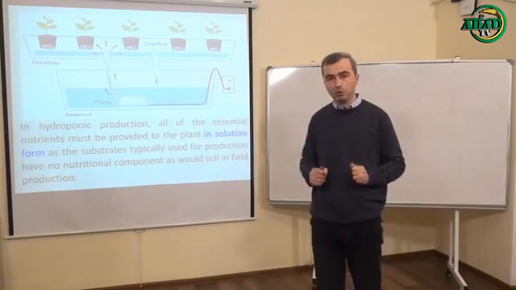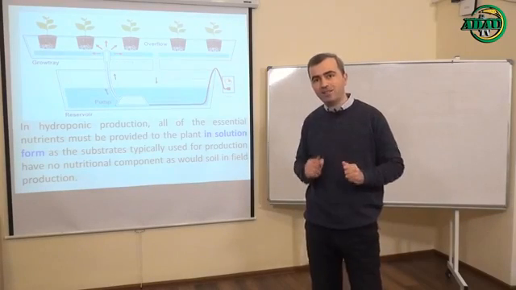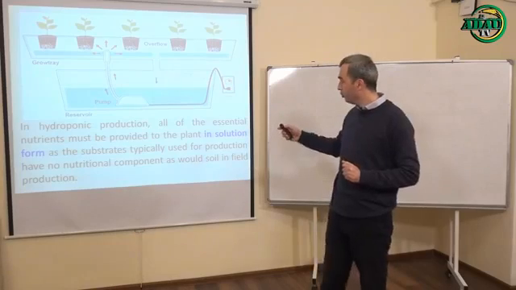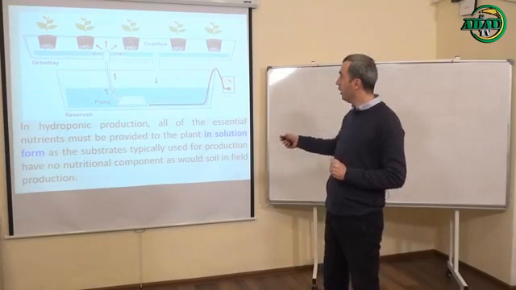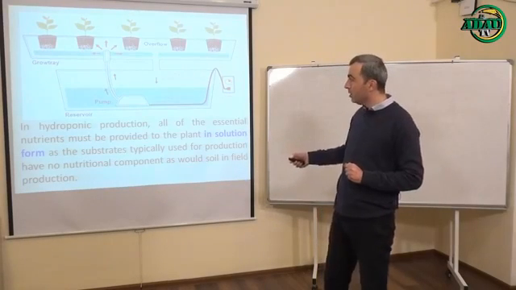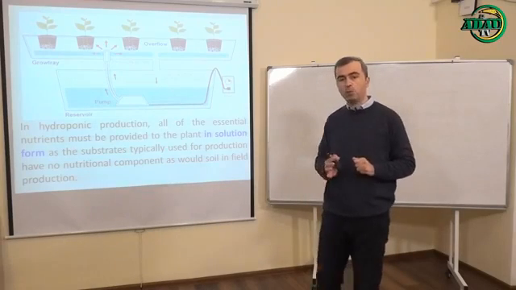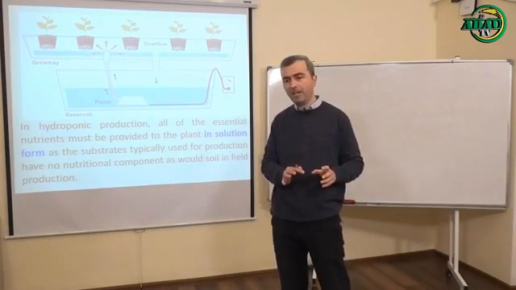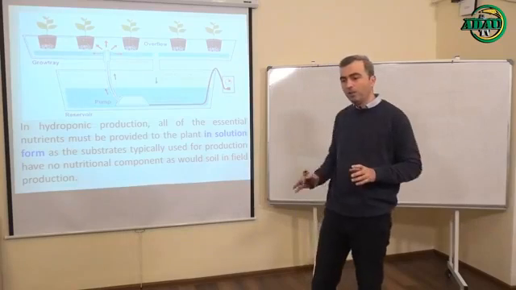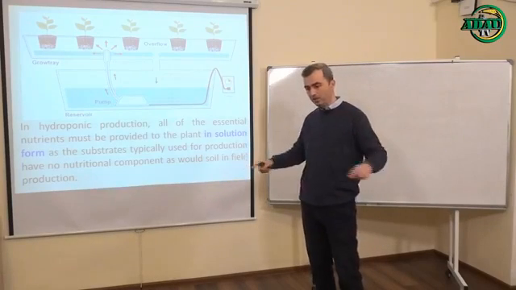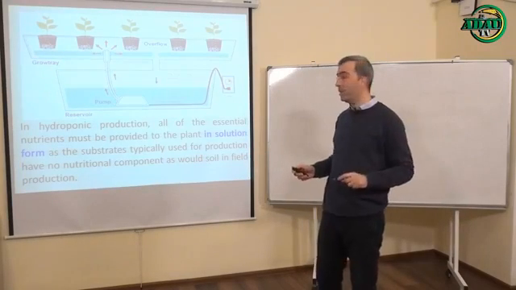But in order to provide that solution to the roots of the plants, you need to have a pump in the system. This pump brings the water to the plant roots and also fills up the space where these plants are located.